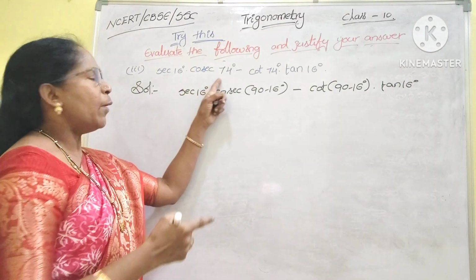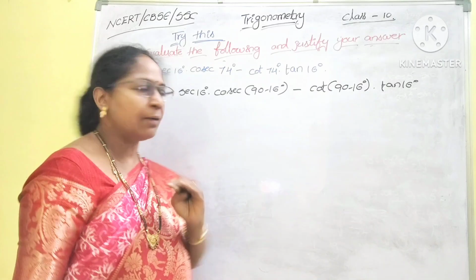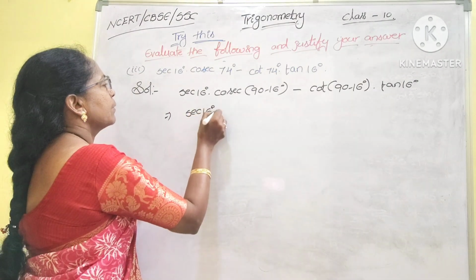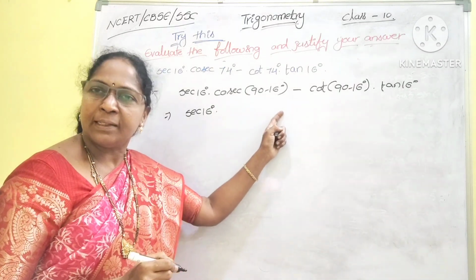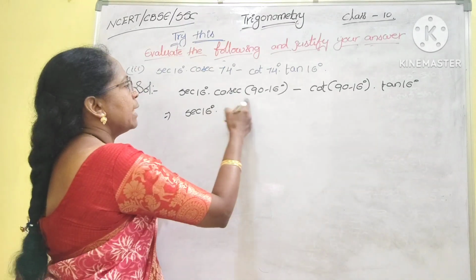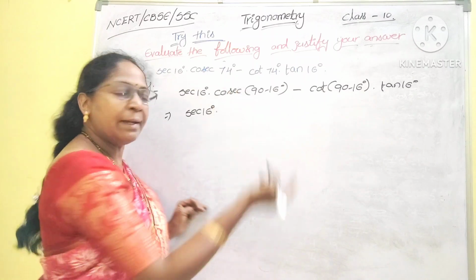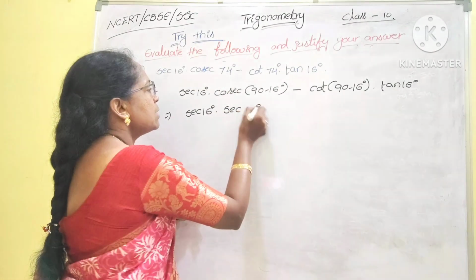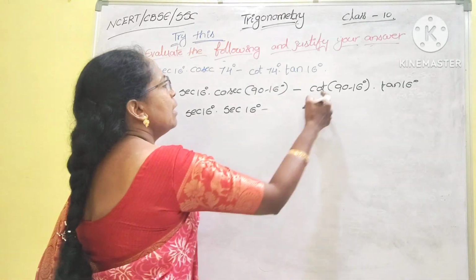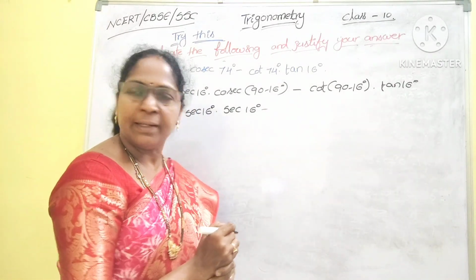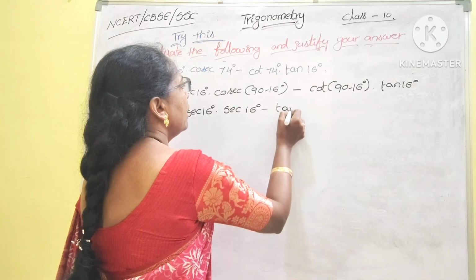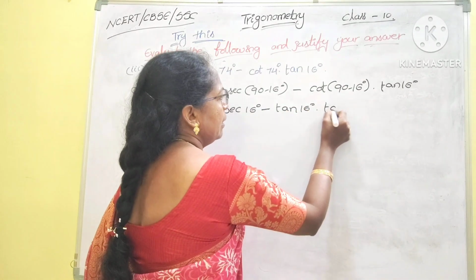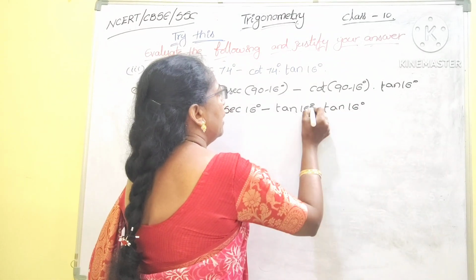In the first term 1 you have to change, in the second term also 1 you have to change. Now secant 16 degrees into cosecant 90 minus theta. Now apply the complementary angle. Cosecant 90 minus theta you will get secant theta, where theta equal to 16 degrees, minus cot 90 minus theta, that you will get tan theta, that equal to tan 16 degrees into tan 16 degrees.